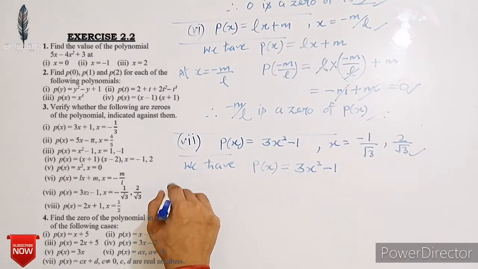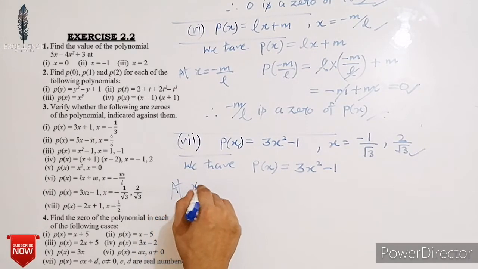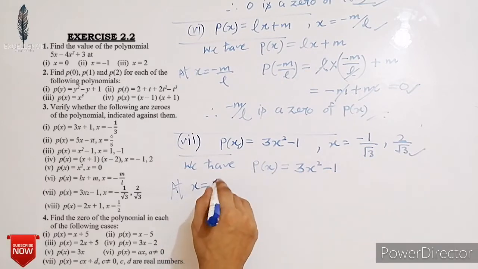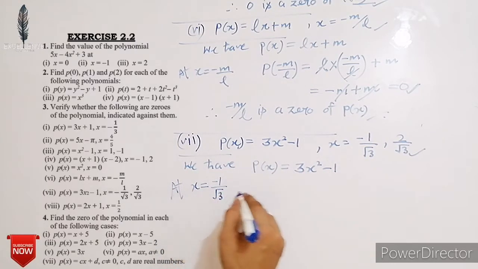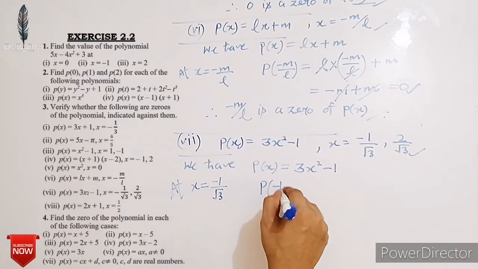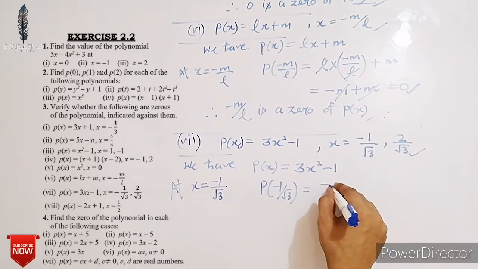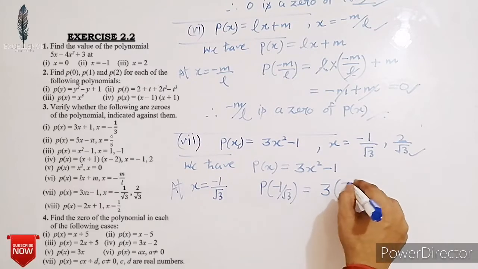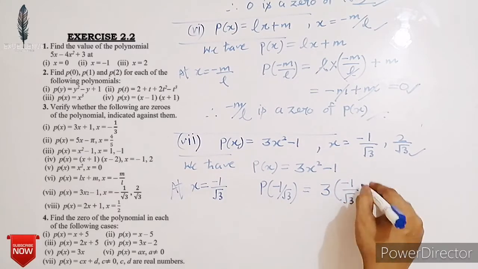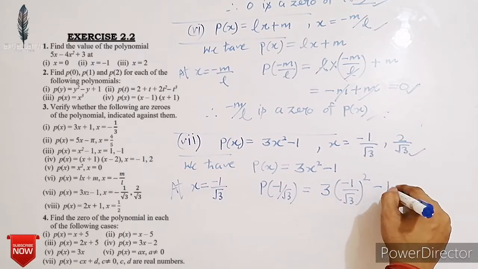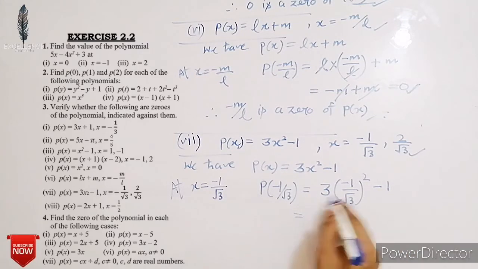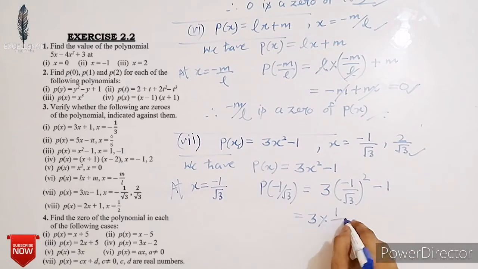At x is equals to minus 1 upon under root 3, P of minus 1 upon under root 3 is equals to 3 into (minus 1 upon under root 3) whole square minus 1 is equals to 3 into 1 upon 3 minus 1.